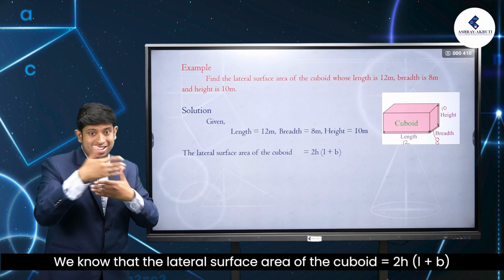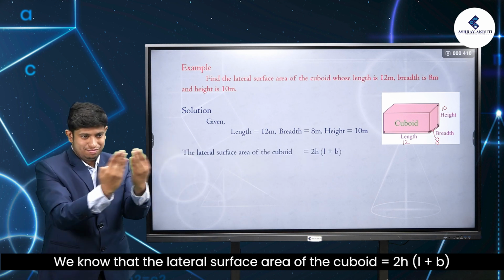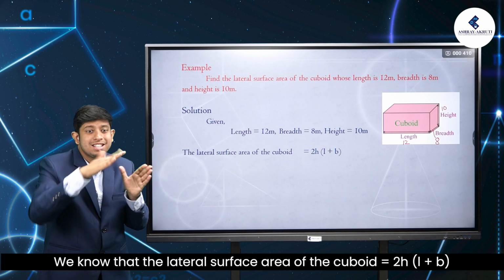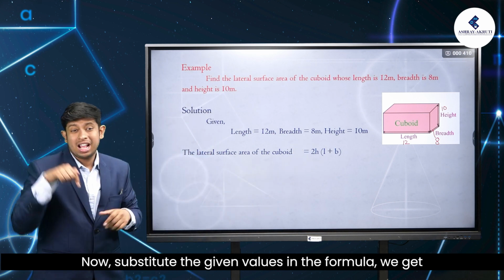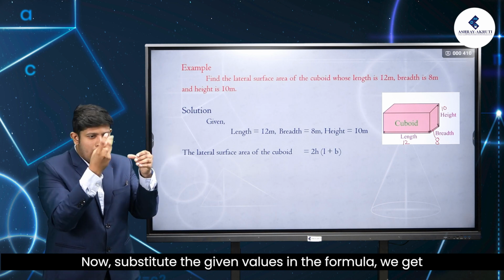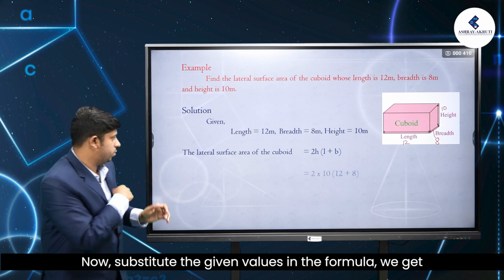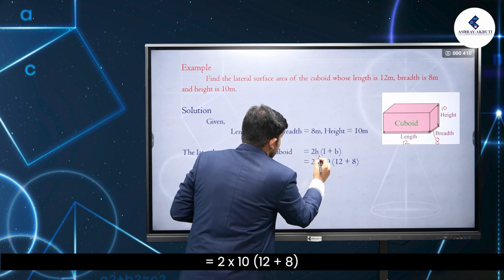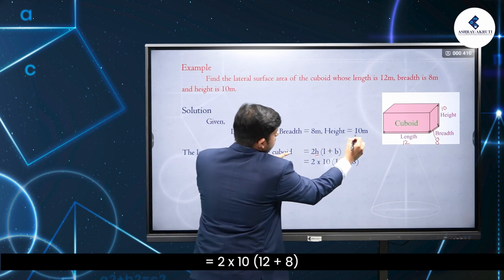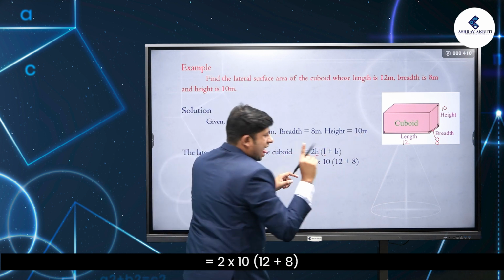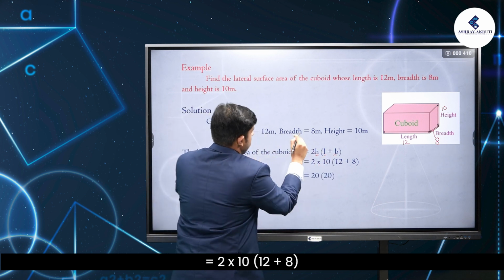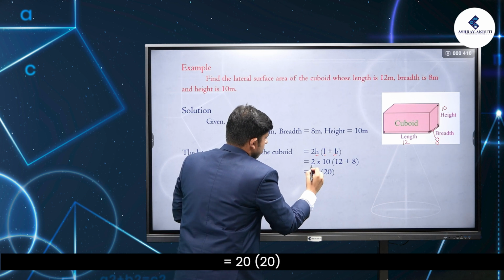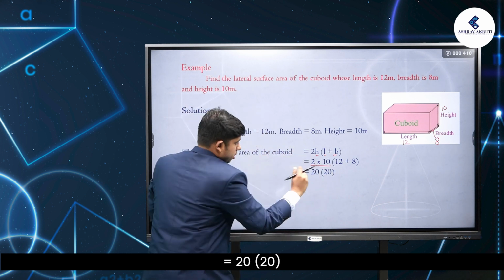We know that the lateral surface area of the cuboid is equal to 2H into L plus B. Now substitute the given values in the formula. We get 2 into 10 into 2 plus 8, which is equal to 20 into 20.